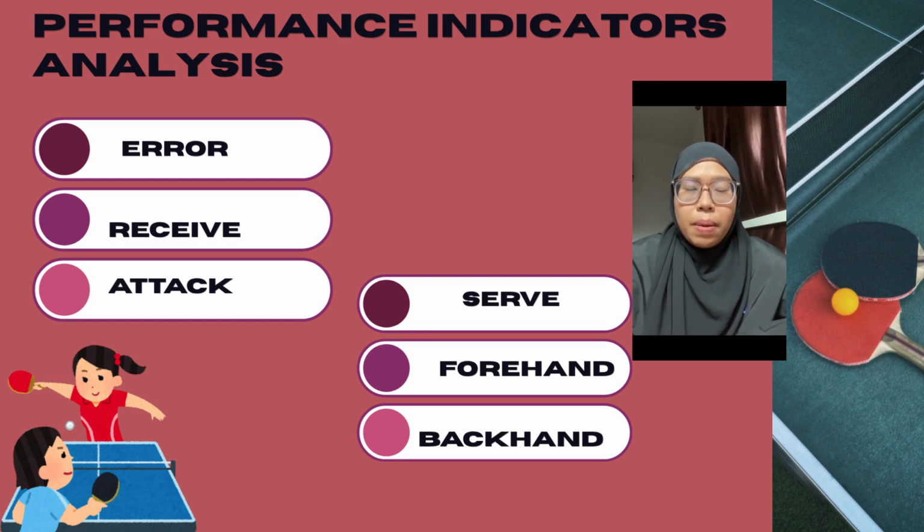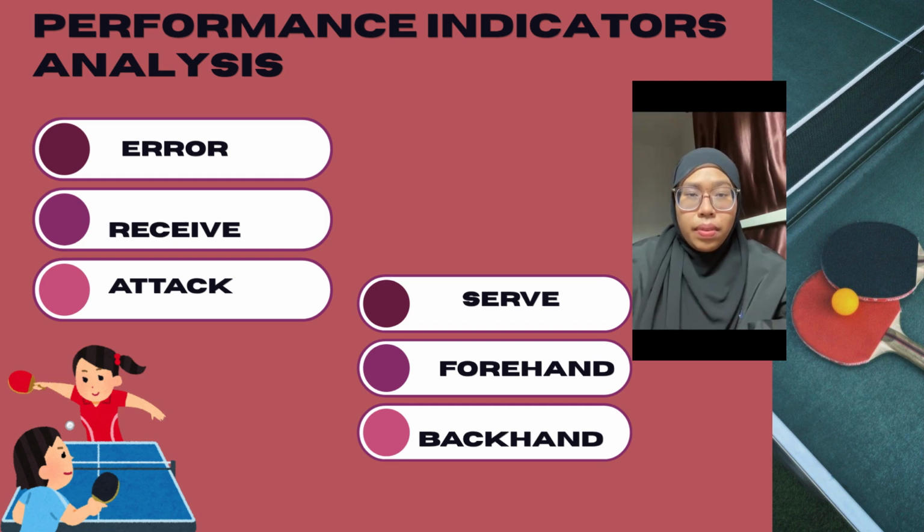Receive evaluates a player's ability to successfully return the opponent's serve, which is crucial for neutralizing the opponent's advantage. After that is forehand. Forehand measures the effectiveness and accuracy of forehand strokes, which are typically the primary offensive weapon. It monitors the frequency and success rate of offensive shots used to win points.